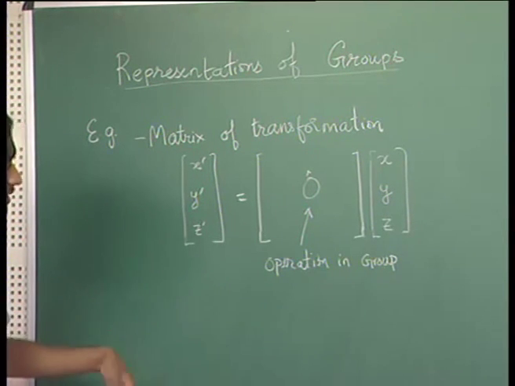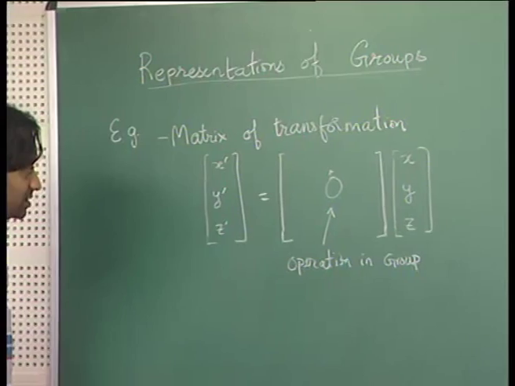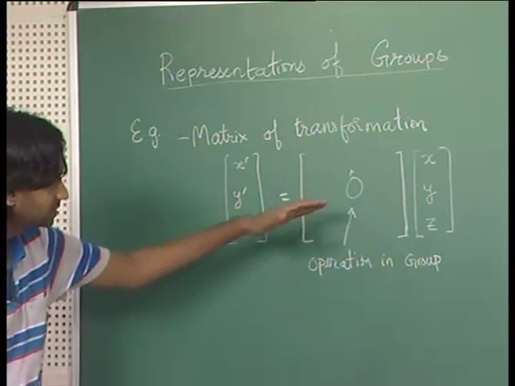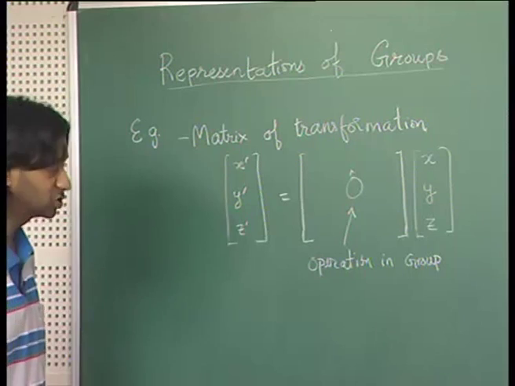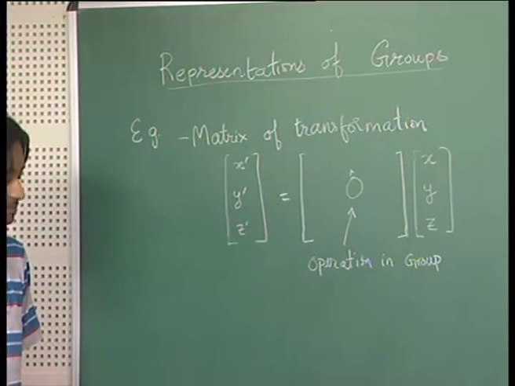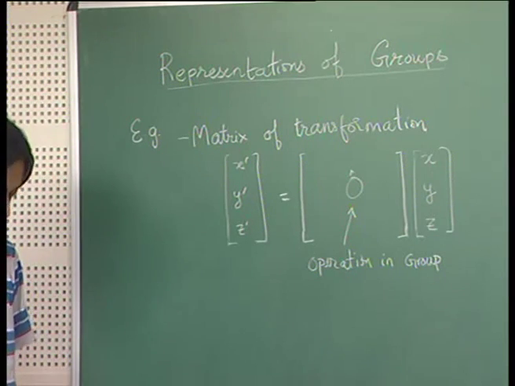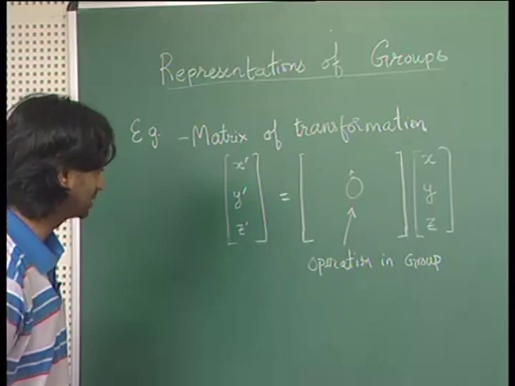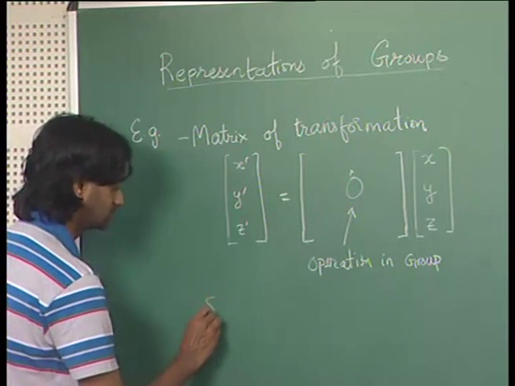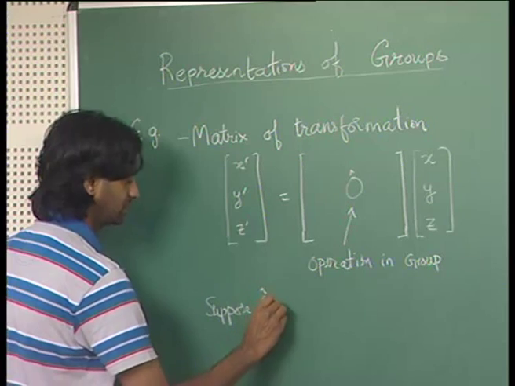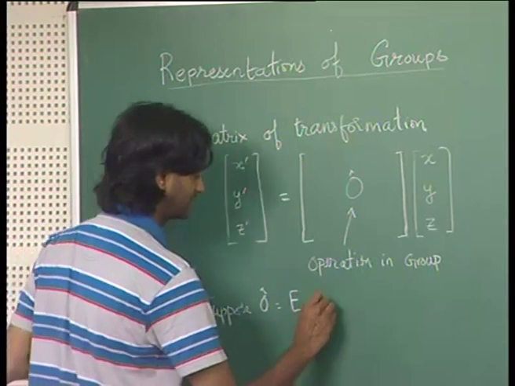In fact, these are the kinds of operations that we will be considering. These are linear operations, and so these are the operations that turn out to be related to the various symmetry elements. So, for example, suppose the operator is the identity operation.